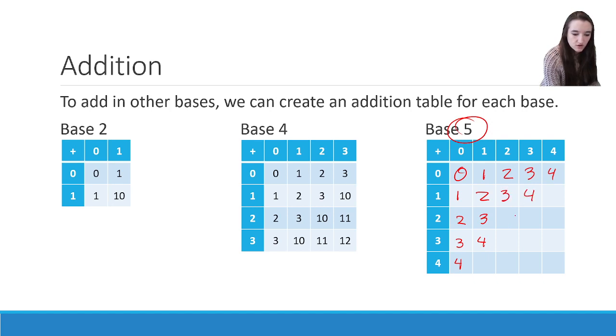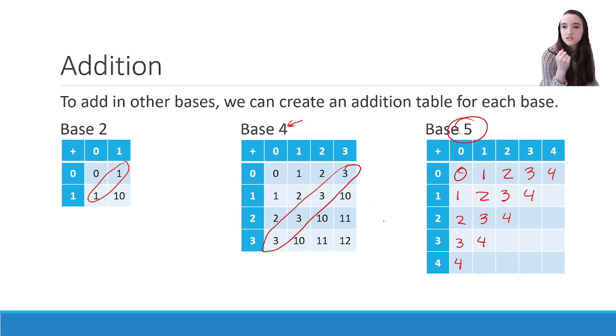Same thing over here, and then 2 plus 2 is 4, and here's where things get tricky. Notice it's the same problem as before. It's the number right under the base, because we can only use digits up to, but not including, the base. So for base 4, we use the digits 1, 2, 3, and 0. For base 2, we use 1 and 0. For base 5, it's 1, 2, 3, 4, and 0. We can see that along the side.